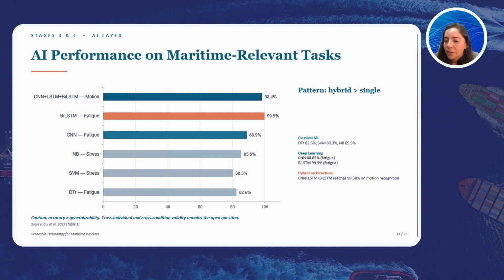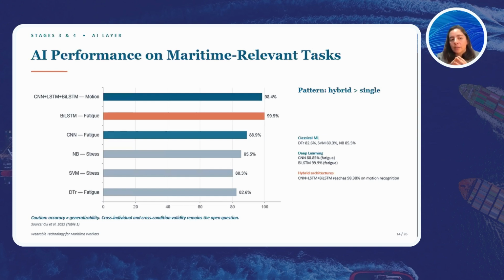Classical models like decision trees reach 82.6% on fatigue detection, support vector machines 80.3%, and naive Bayes 85.5% on stress. They all show solid performance, but they don't perform the best.